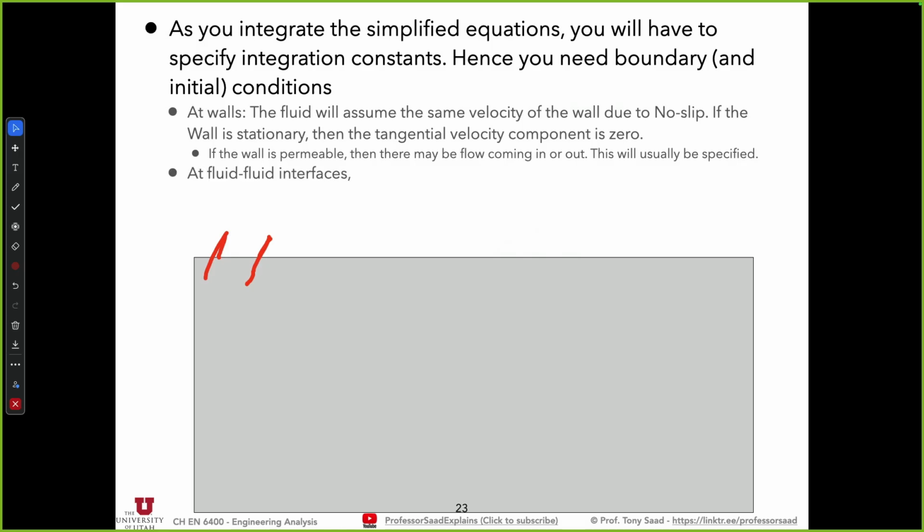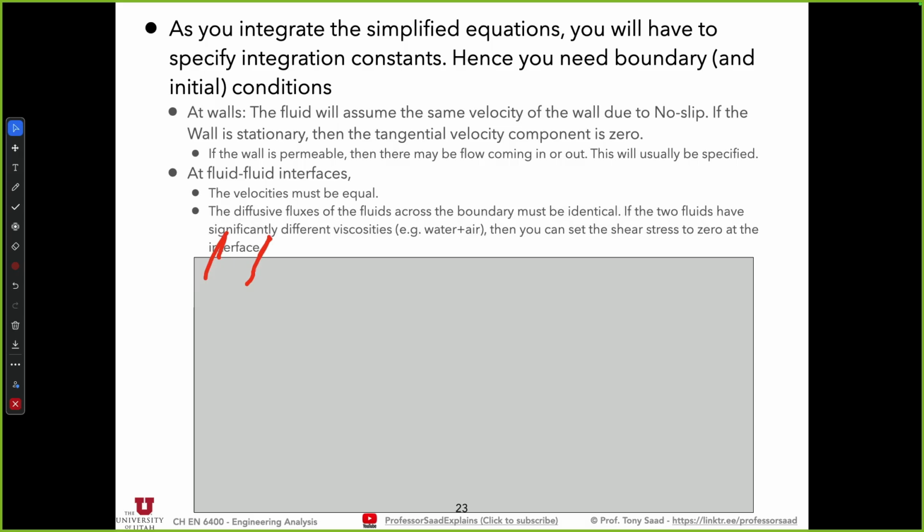At fluid-fluid interfaces, the velocities must be equal. U of fluid 1, or V, or whatever velocity you're dealing with, of fluid 1 must be equal to the velocity of fluid 2 at the boundary. We will do a problem with a fluid-fluid interface. But also the diffusive fluxes across that boundary need to be equal.